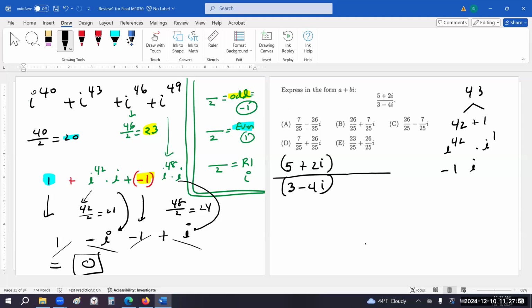Next. Divide imaginary numbers. What do we do? Multiply by the conjugate. We multiply by the conjugate of the denominator.